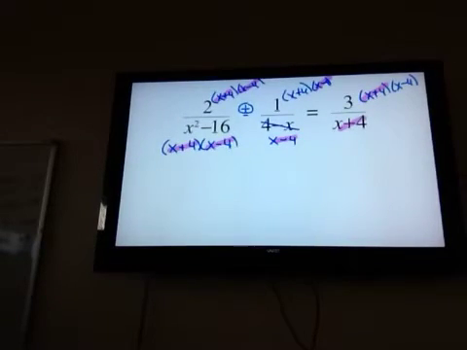And then I'm left with 2, nothing left to multiply because everything canceled. Plus 1 times the quantity x plus 4 is just x plus 4. Equals 3 times the quantity x minus 4. So distribute 3x minus 12.